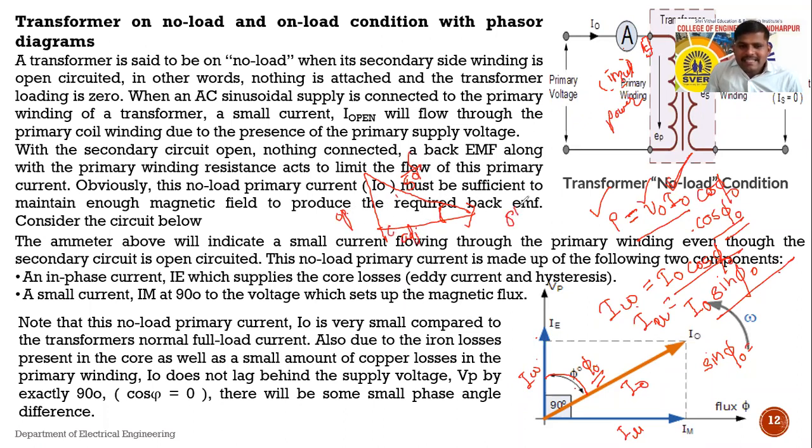Sin theta is the opposite side divided by the hypotenuse, and cos theta is the adjacent side divided by the hypotenuse, right?